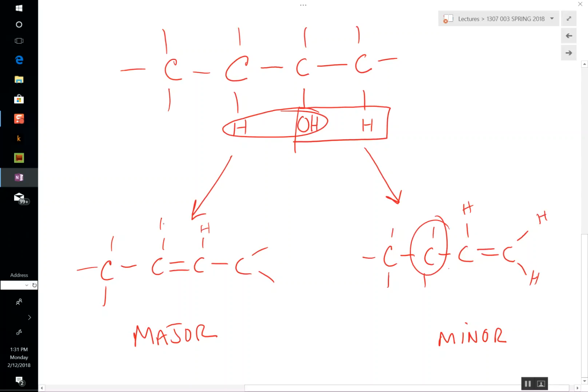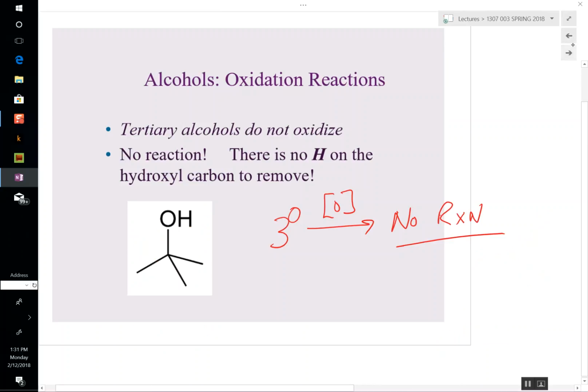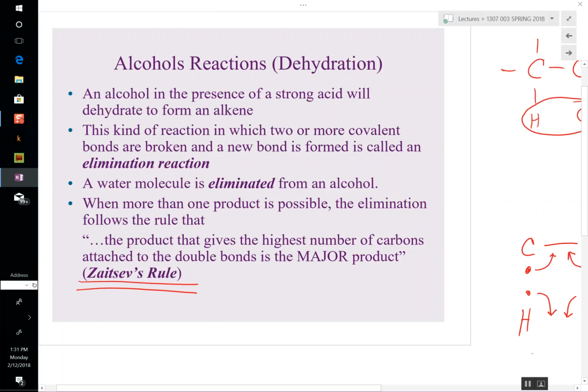And around here we've got 2 hydrogens and we have a carbon on either side of the double bond. So this has more carbons attached to it. It's the major product. So let's go back and read the rule. The product that gives the highest number of carbons attached to the double bonds is the major product.